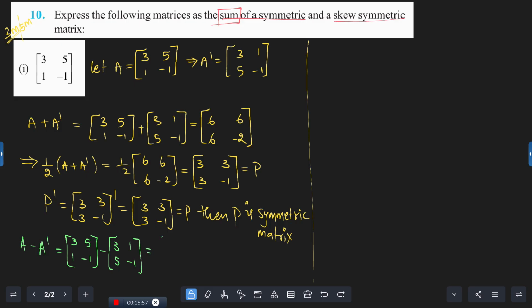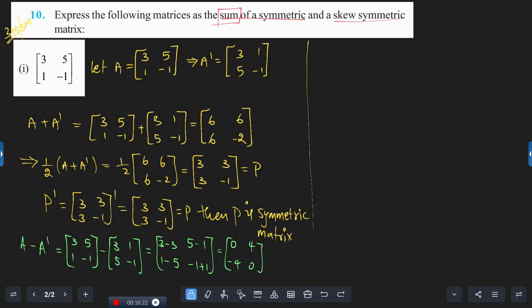Sir, if you subtract, what will you be getting? 3 minus 3, 5 minus 1, 1 minus 5, minus 1, minus and minus, plus 1. Which means 0, 4, minus 4, 0. This I'm getting, and I'm taking it as matrix Q. Sorry, don't take Q here.